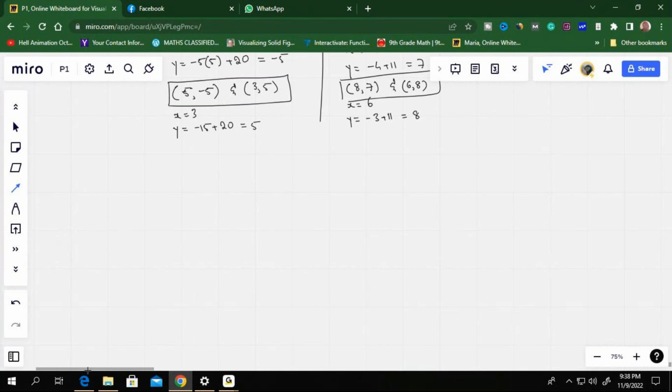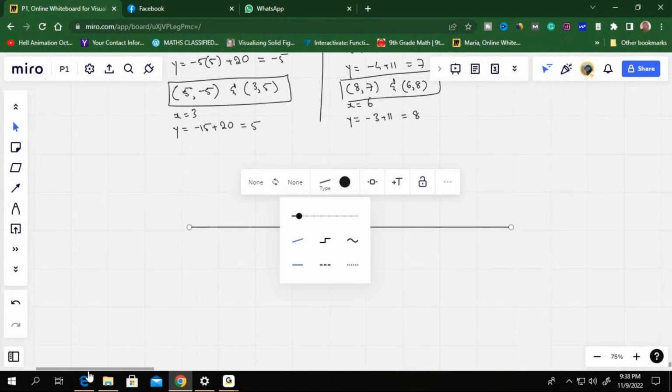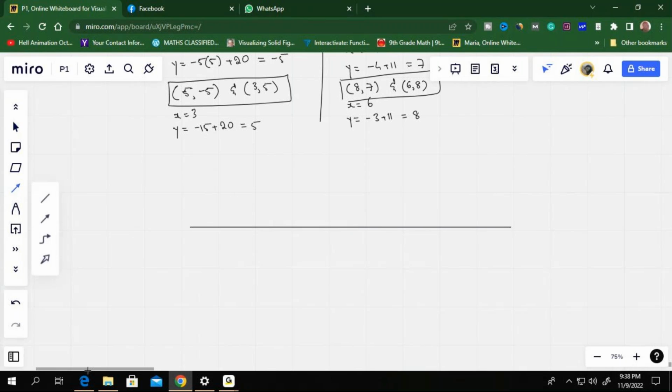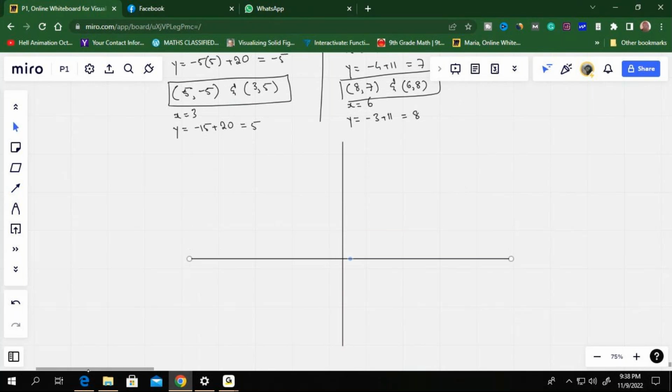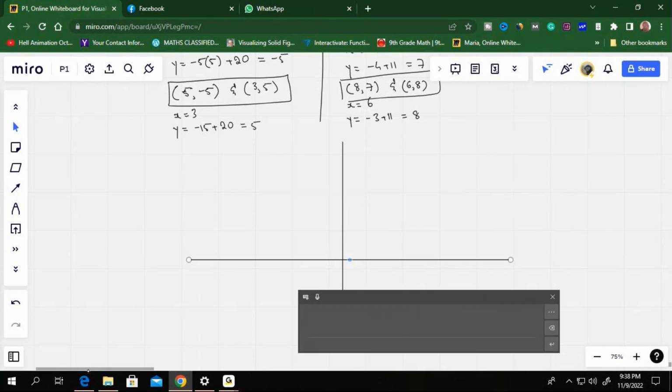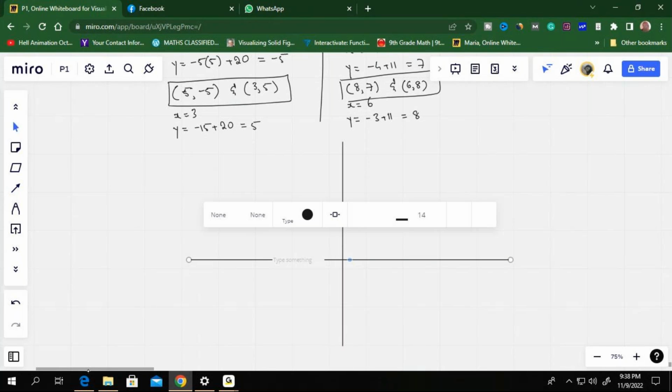So I am going to draw my x-axis in the middle of my y.